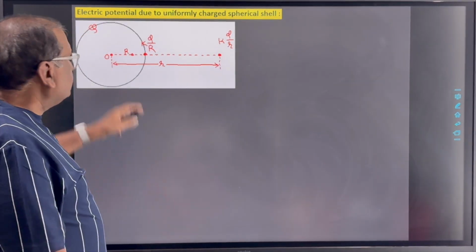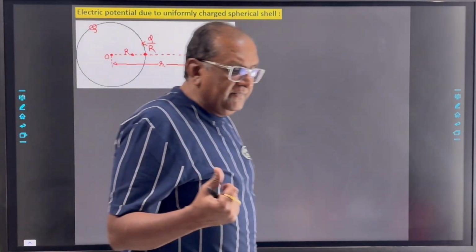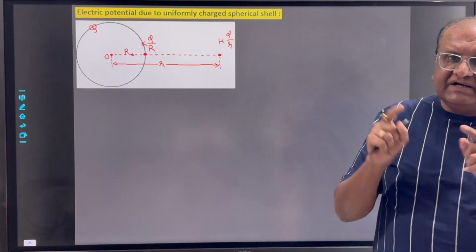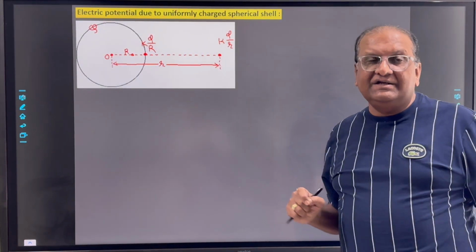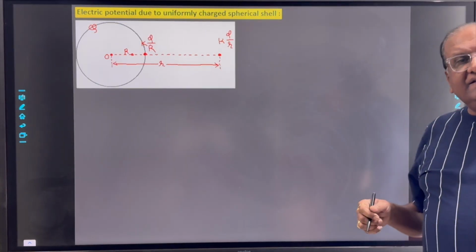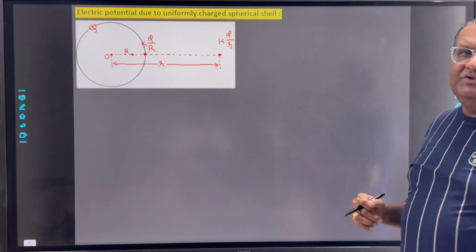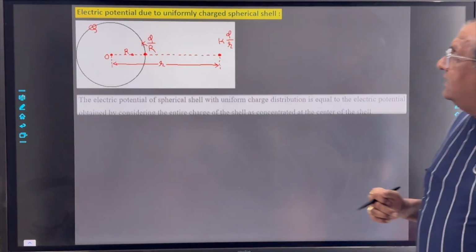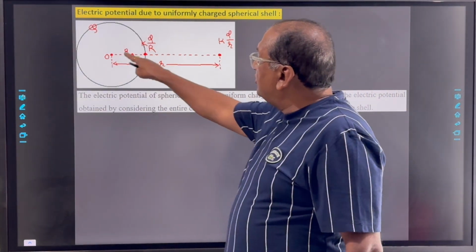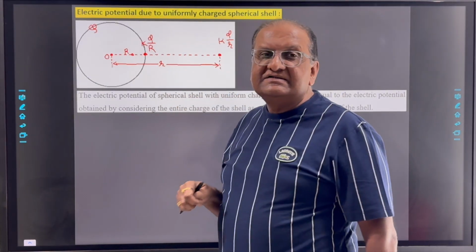In the previous chapter we discussed the electric field of this type of charge distribution, and in that we studied that this entire charge distribution behaves like a point charge concentrated at the center.